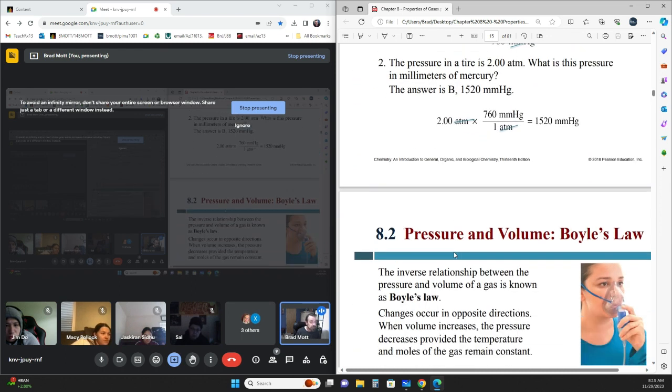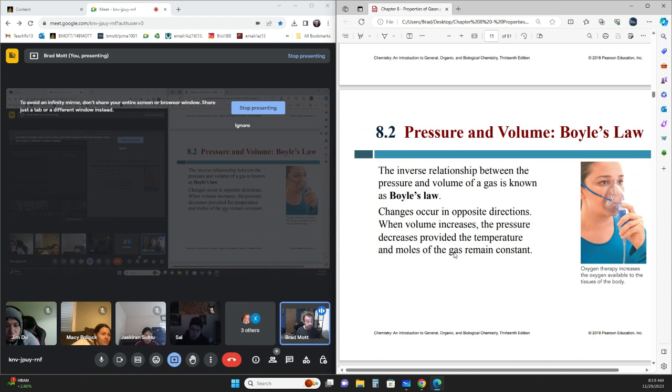The last thing I'm going to introduce to you, and then we're going to go through similar things through all the laws, is Boyle's law. Let's give you a taste of the type of pretty basic calculations we're going to be doing with gases. Boyle's law is an inverse relationship between the pressure and volume of a gas.